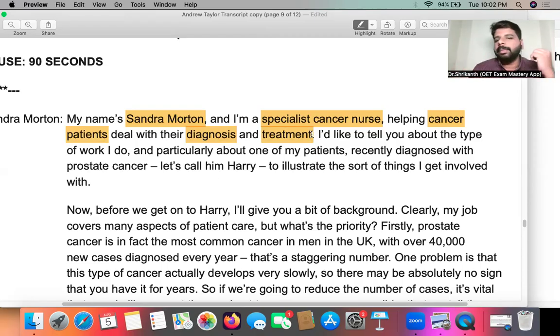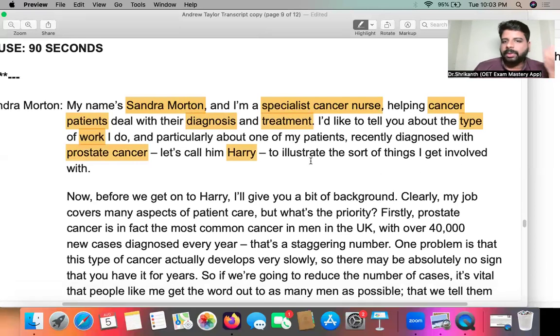So let's just keep on going through. I'd like to tell you about the type of work I do. Now she's talking about the type of work I do, and particularly about one of my patients recently diagnosed with prostate cancer. Let's call him Harry. So now she is talking about Harry and how he is a patient with prostate cancer to illustrate the sort of things I get involved with. Now, see, she is using Harry as an example.